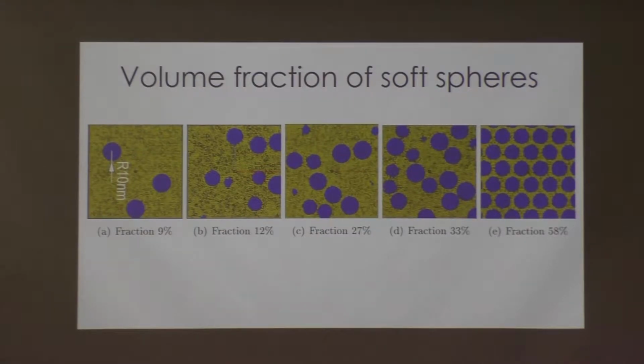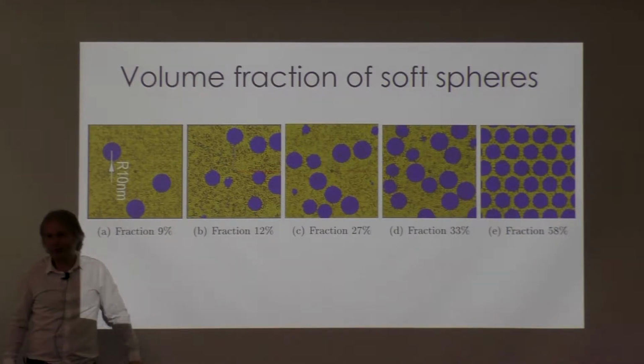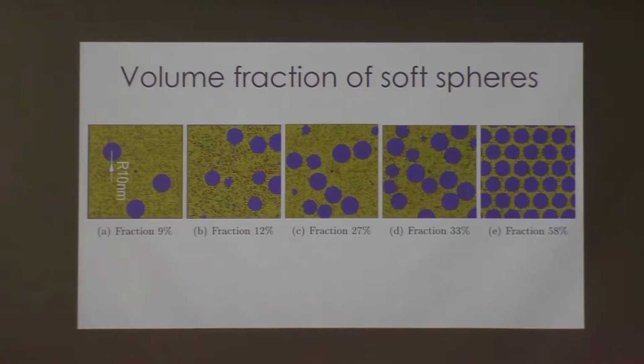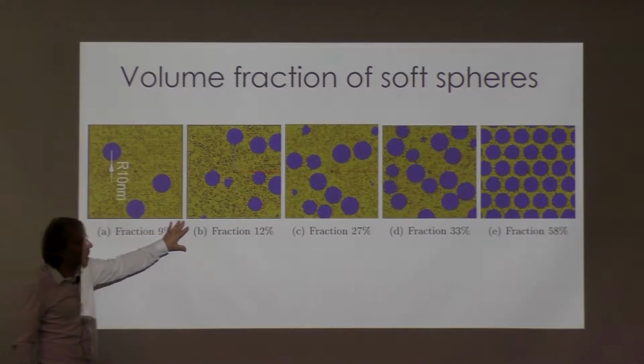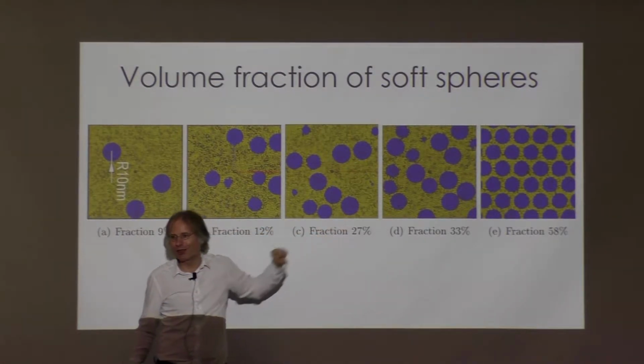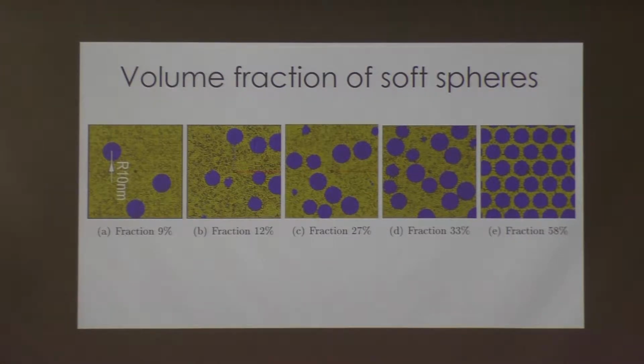We can do so with various different volume fractions of the soft magnetic phase. If we have a low volume fraction, the arrangement of the spheres is not so important, but if we want a high volume fraction of the soft magnetic phase, we have to go to a more regular arrangement in order to increase the volume fraction of the soft magnetic spheres in the hard magnetic matrix.